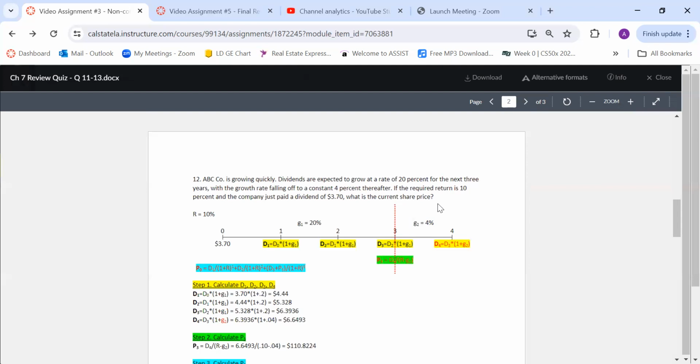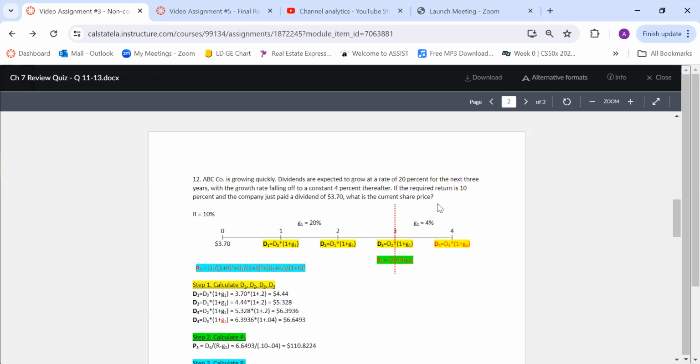At D2, instead of D0, we use D1: $4.44 multiplied by 1.2 gives 5.328. For D3, we input D2 into the equation and end up with 6.39.